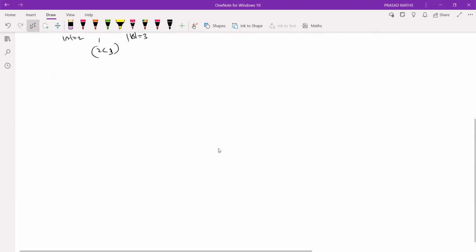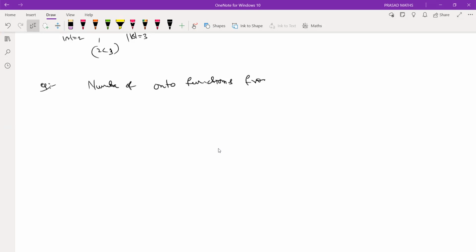Suppose this is a question that appeared in CSIR. The number of onto functions from A to B, where the cardinal of A is 4 and the cardinal of B is 3.